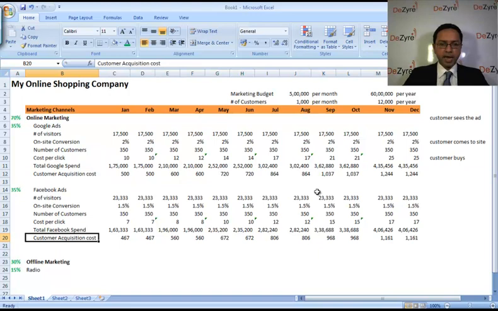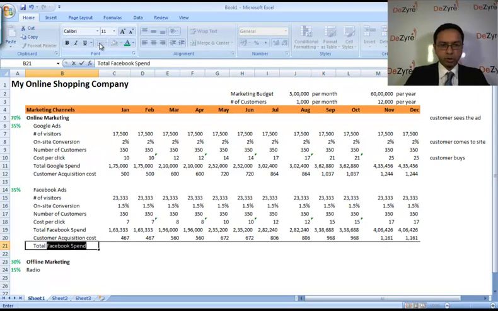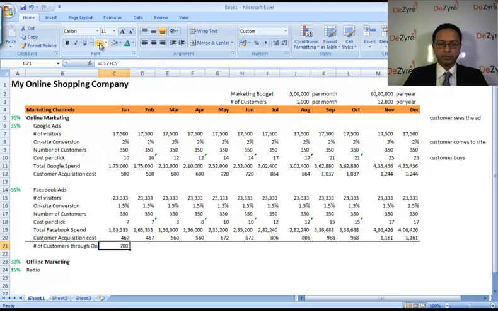We have that, and let's quickly get some metrics here. We're going to say number of customers through online channel is equal to that 350 plus this 350, 700 people.